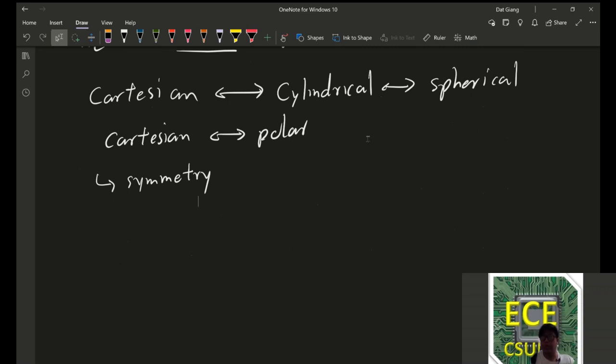However, in the scope of electrical engineering and in most undergrad courses, the most useful to know would be these 2 conversions, either in 3D or in 2D. And that wraps up our discussion about conversion from one to the other, and just in general about multivariable calculus, multivariable integration.